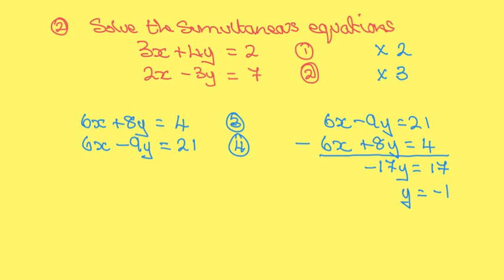I can now substitute y equals minus 1 into any of my 4 equations to solve for x. So I'm going to substitute into equation 1. So I get 3x plus 4 times minus 1 equals 2.